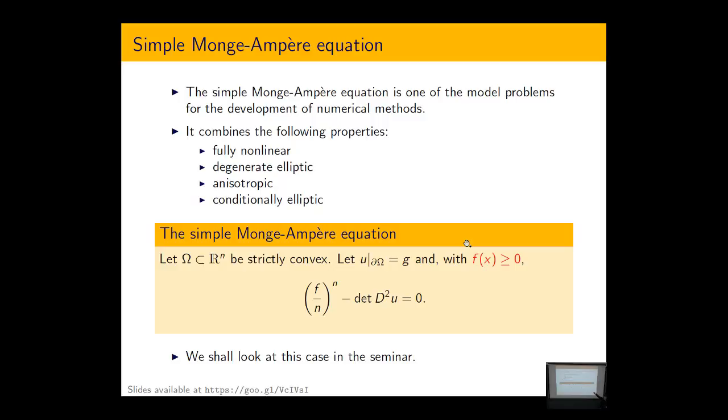Then you have a degenerate diffusion characteristic. It's also anisotropic, and it's something which I happen to call conditionally elliptic. I don't know if that's an official term, but what I mean by that is that we have the ellipticity not on the whole function space, but only on a subspace, a subset. In this case, it's on the cone of the convex functions, but we don't have ellipticity in general.